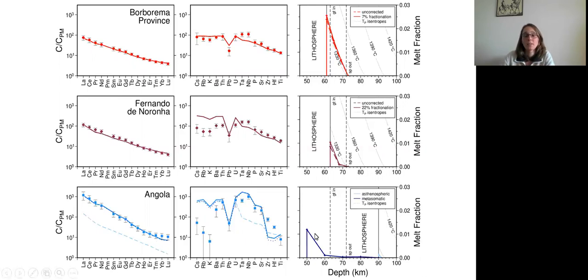So in my best fitting attempt at modeling these, I start with a very small amount of asthenospheric melting, that then, as it percolates into the base of the lithosphere, locally heats the base of the lithosphere and remobilizes metasomatic veins, which is the dark blue line on this melt fraction diagram here. And then you sort of average those two compositions to give you the model best fit.